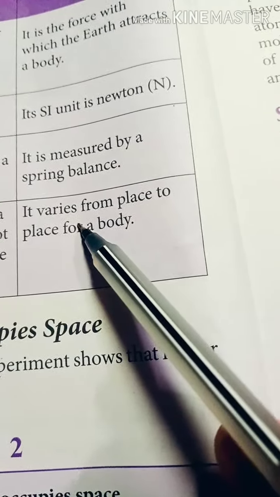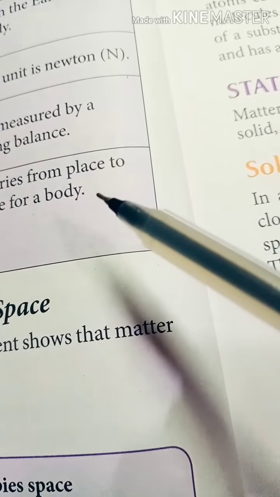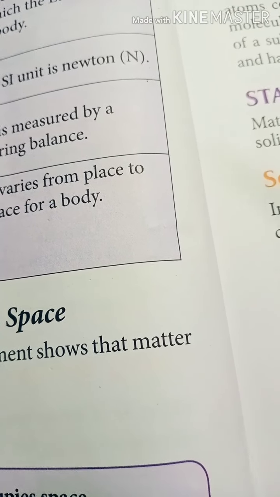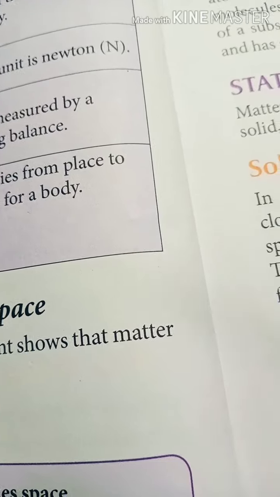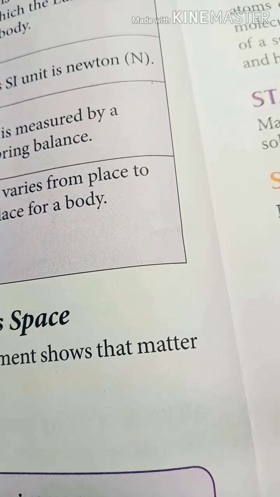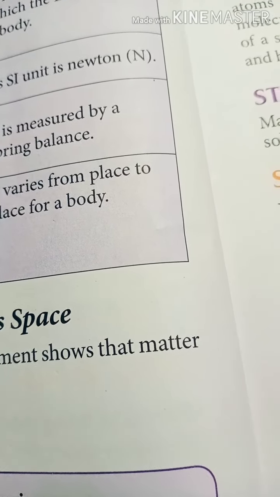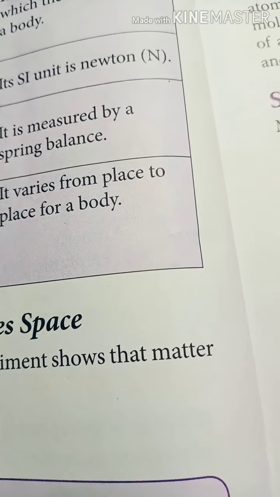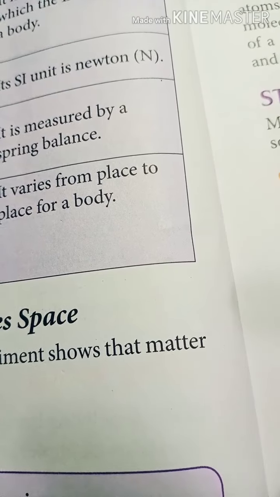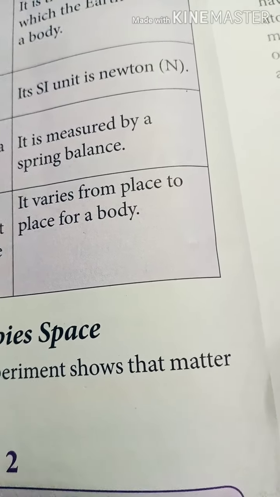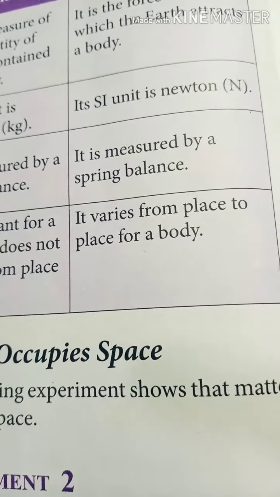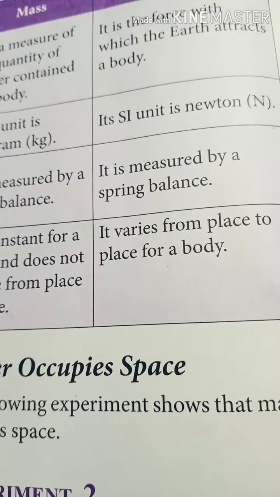How? See, the gravitational force of different places is different. The gravitational force of the earth is 6 times larger than that of the moon. If somebody weighs 6 kg here, then if we go to the moon and that body is weighed there, its weight becomes 1 kg.